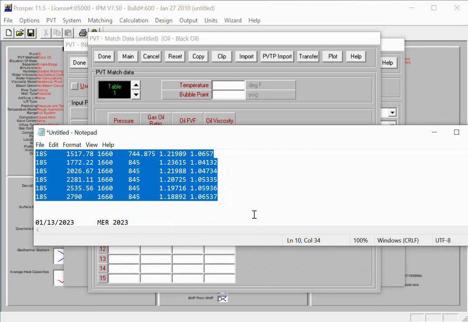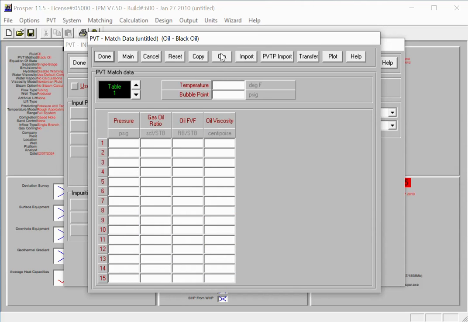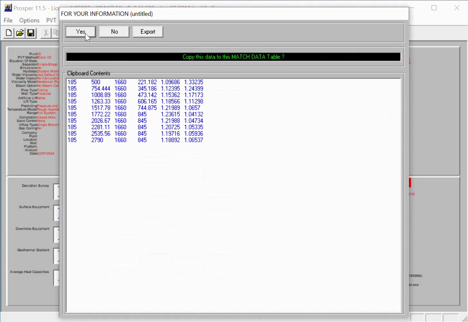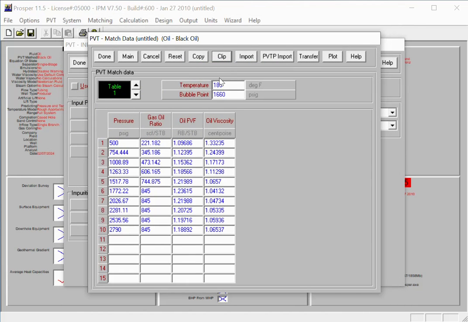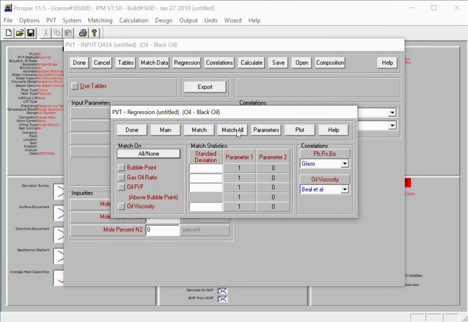So I'll go to clip and copy from clipboard. Okay, so from the data we know that our temperature is at 185 and the bubble point pressure is 1660. That's the data. So we're going to go straight into the regression and then we match all.